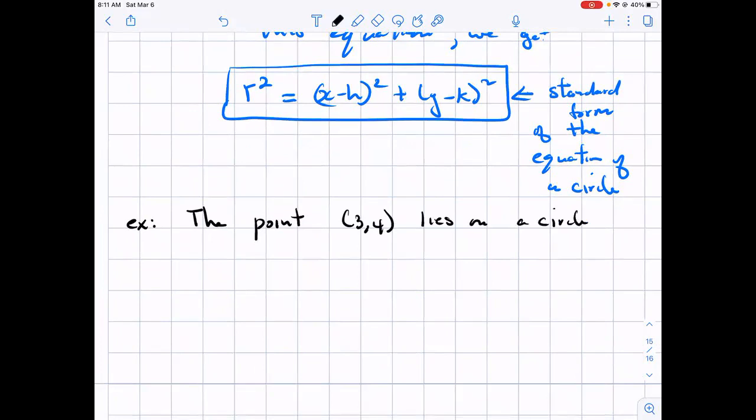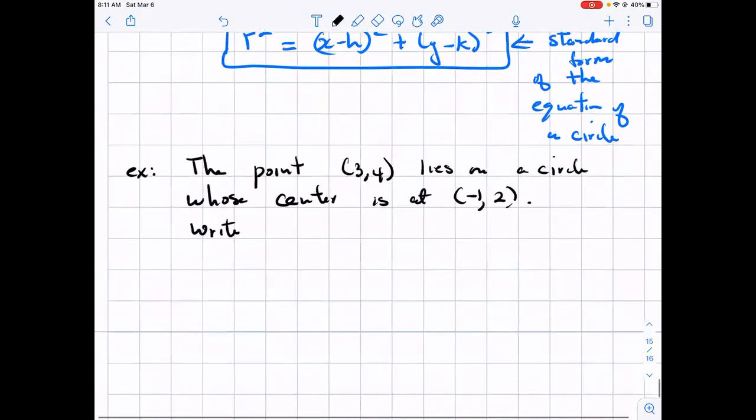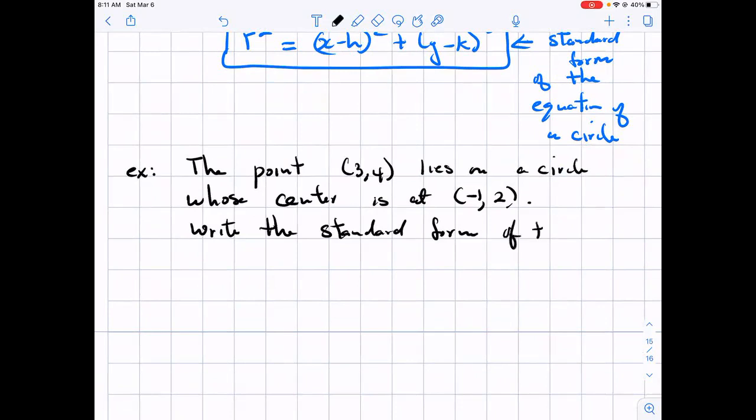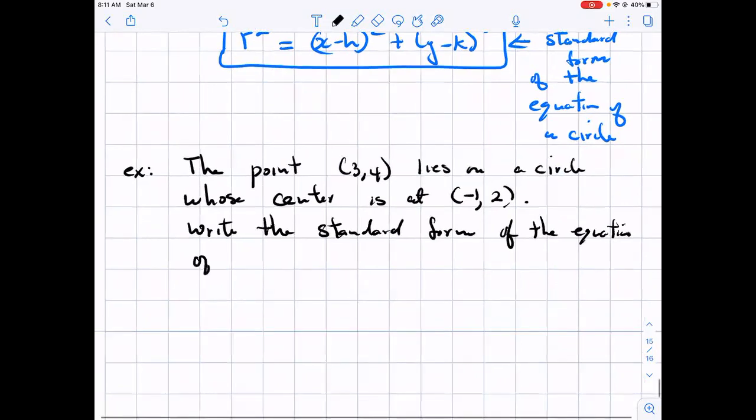I'm telling you now it is a circle whose center is at -1, 2. So we want to write the standard form of the equation of this circle.